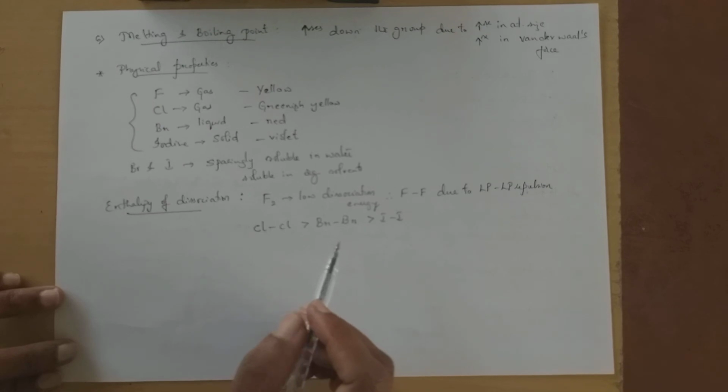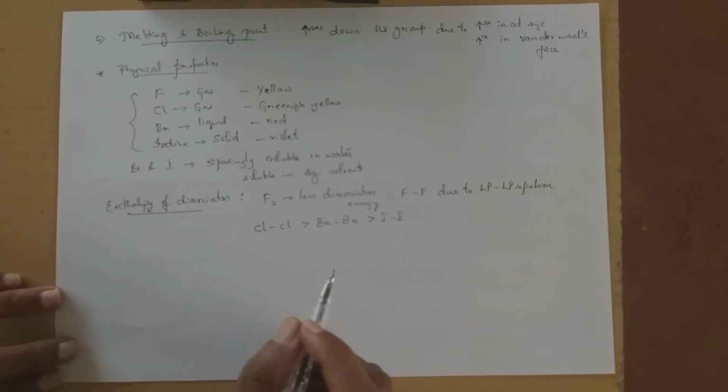Clear? Next, fluorine is a better oxidizing agent than chlorine. That is due to low bond dissociation enthalpy and high hydration enthalpy of fluorine.